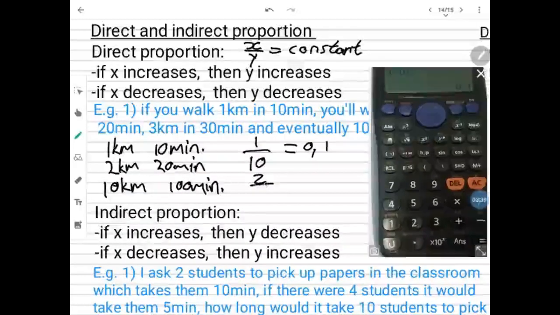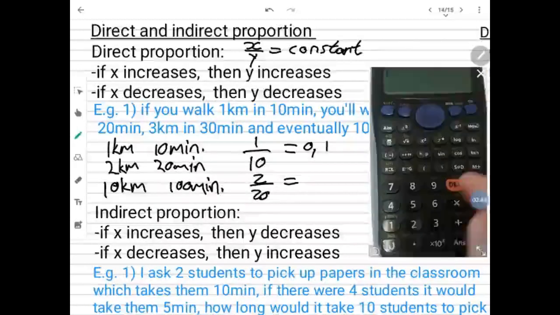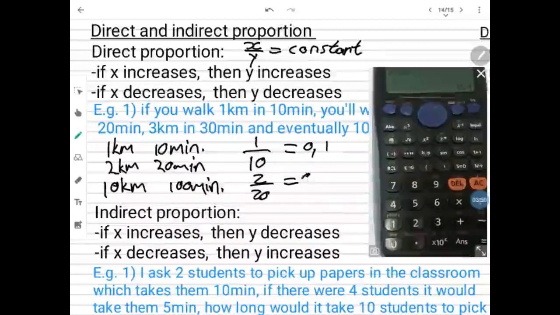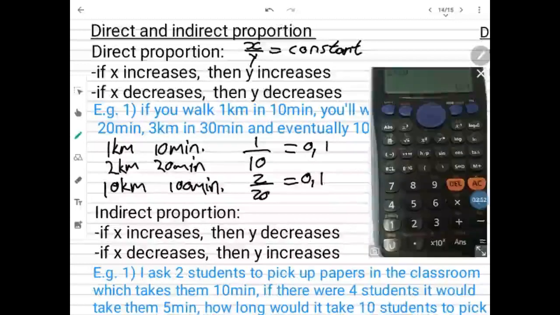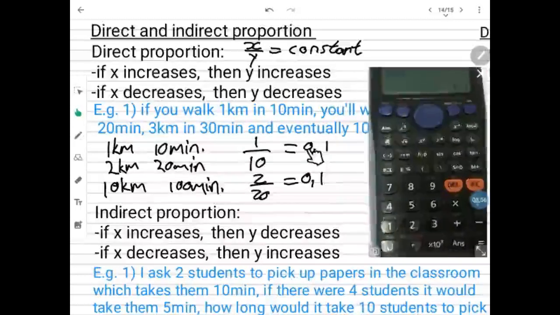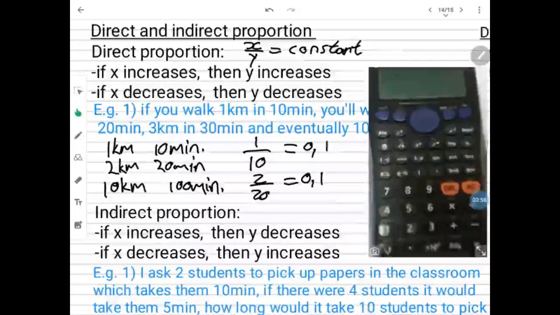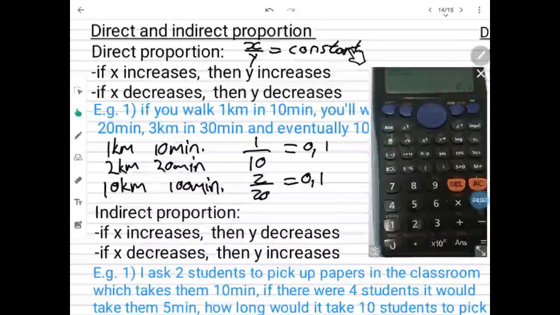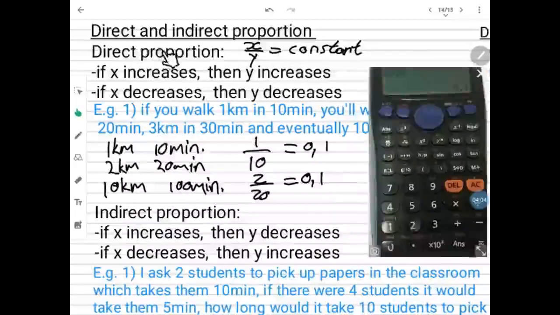2 kilometers divided by 20 minutes gives us the same thing, 1 over 10 or 0,1. This is not a specific unit, it's just a constant number. That's just to see that if they are all the same, then we know it's directly proportional.